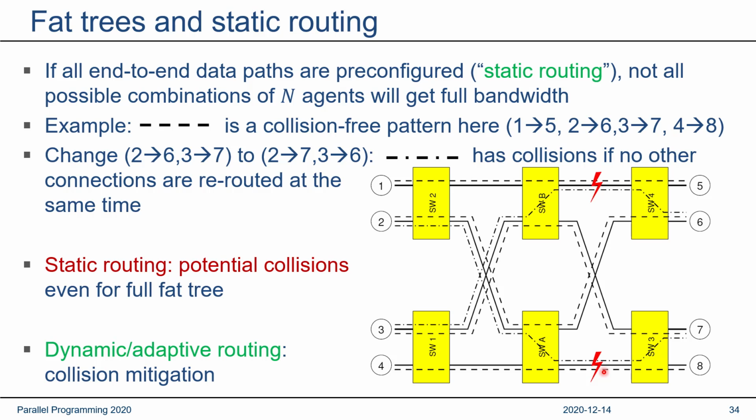You can have dynamic or adaptive routing, where the network monitors the utilization of data paths and chooses a path for a packet dynamically, depending on which data paths are less utilized. Even in the cost-effective sector these days, this is becoming the norm, fortunately. So we can mitigate collisions by dynamic or adaptive routing.